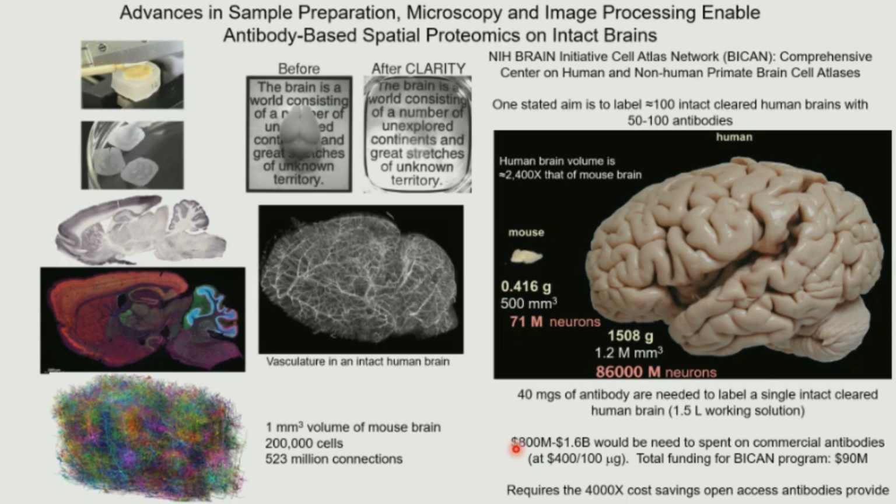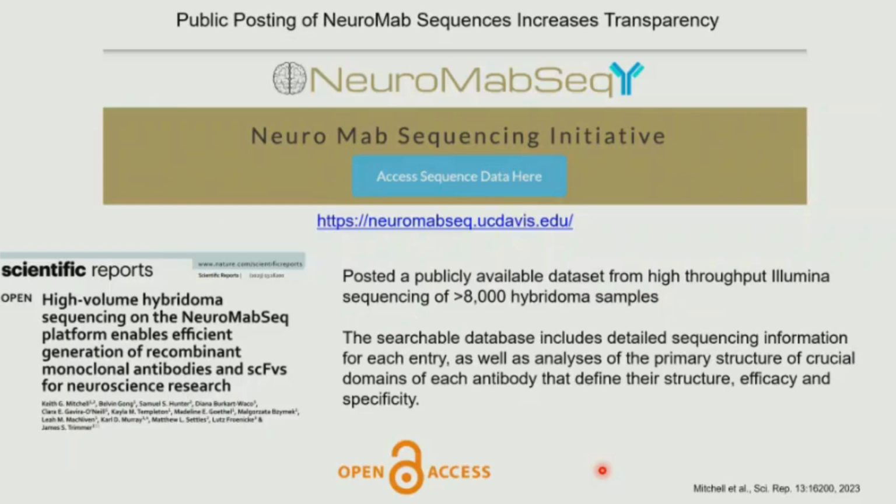So based on the previous table, if we can apply this $4,000 fold cost savings by having the antibodies available for low cost production, this will be a tremendous help to this project, and is really going to allow this project to continue.